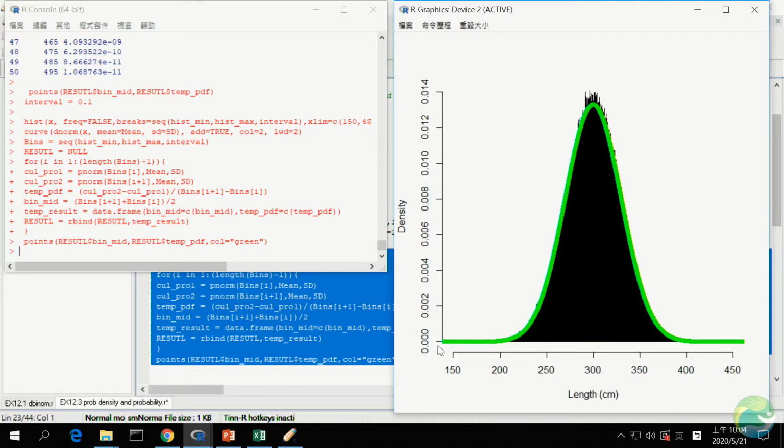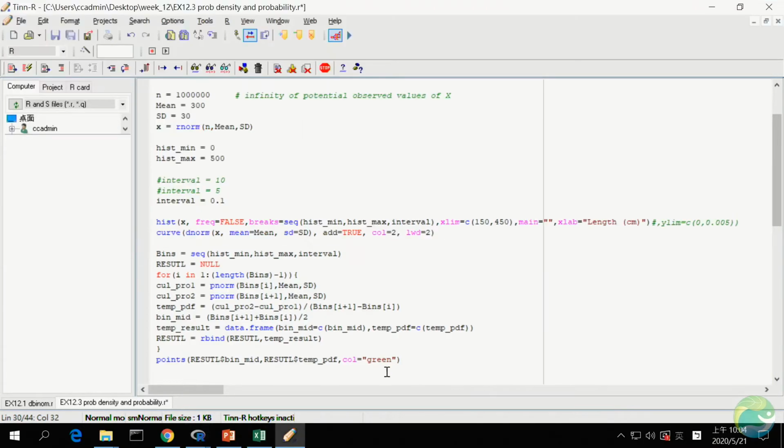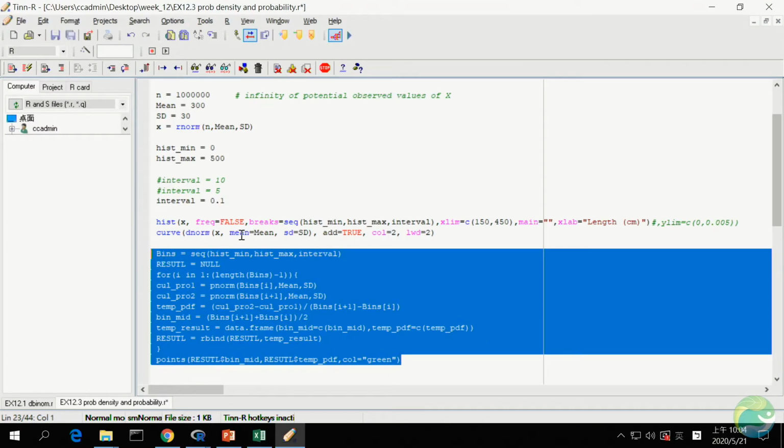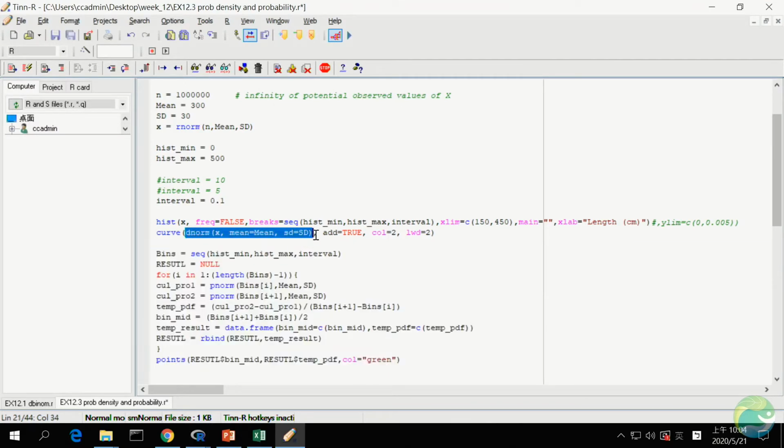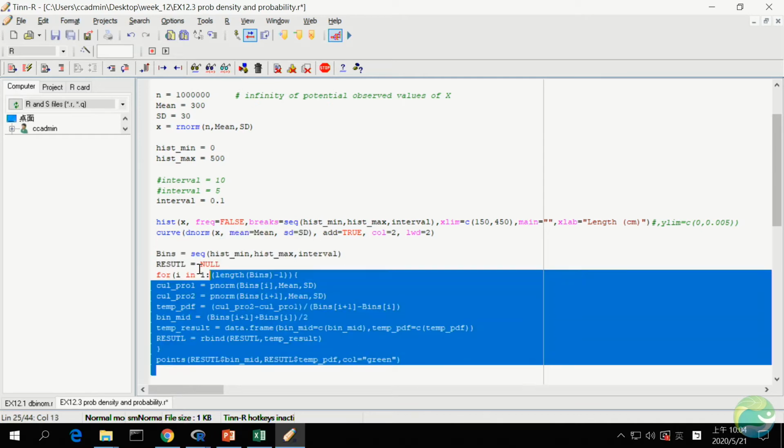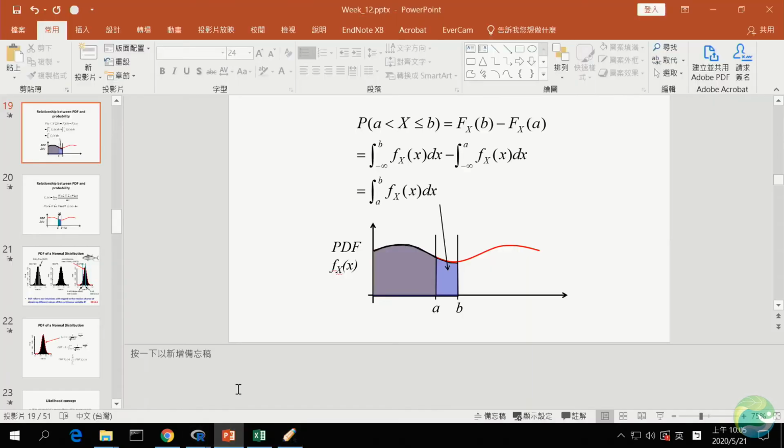So here we do it by hand. This one is basically equal to this one, okay?